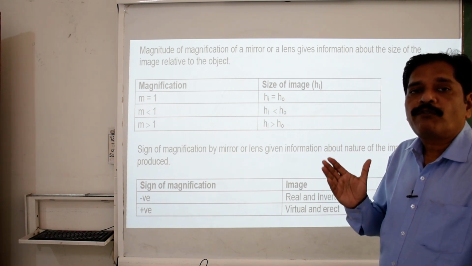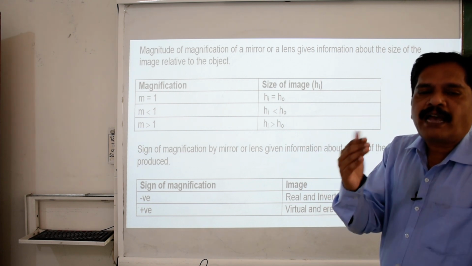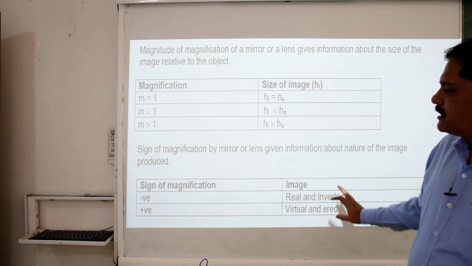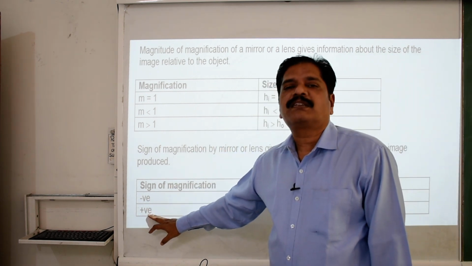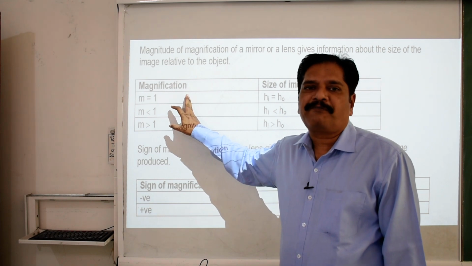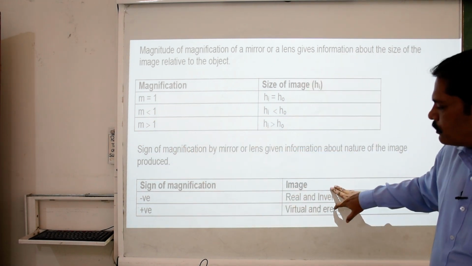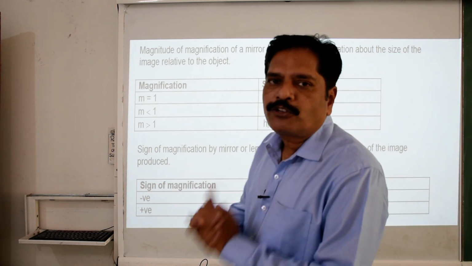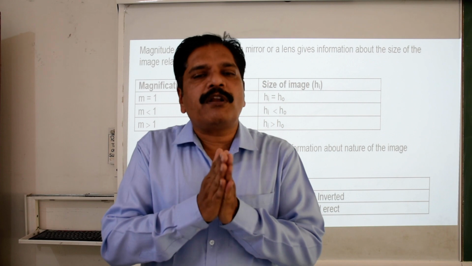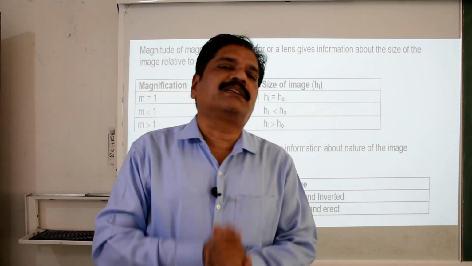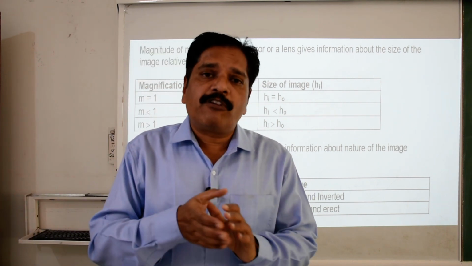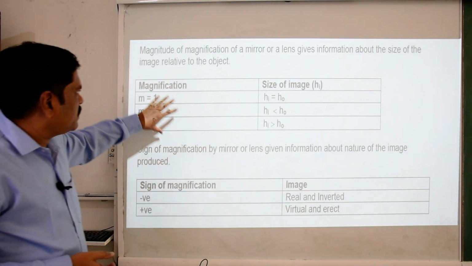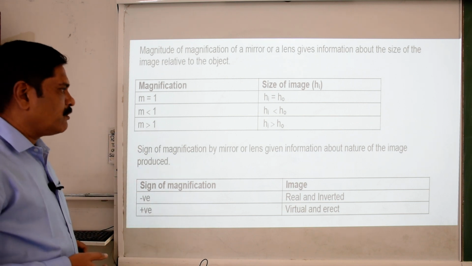It will always form in front of the mirror and it is always perpendicularly downward from the principal axis, right? If a positive sign is given along with the value of the magnification, then what will be the conclusion about the image? It will be virtual and erect. What is the meaning of a virtual and erect image? The image will always form behind the mirror. And what is the second fact? It will always be erect. Okay, so remember this fact along with the sign and the values.